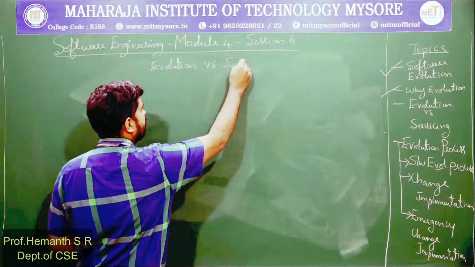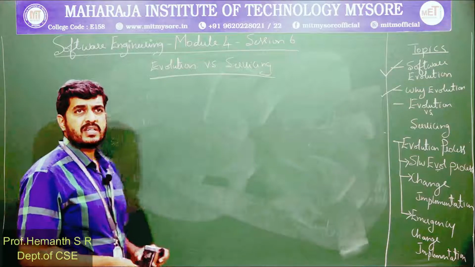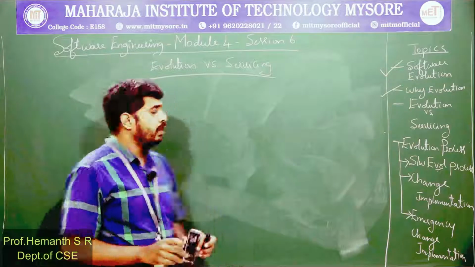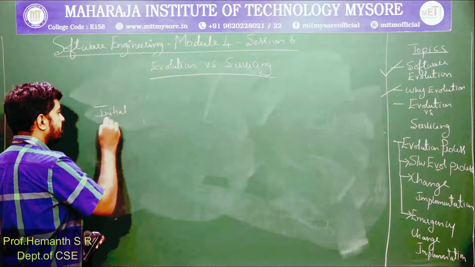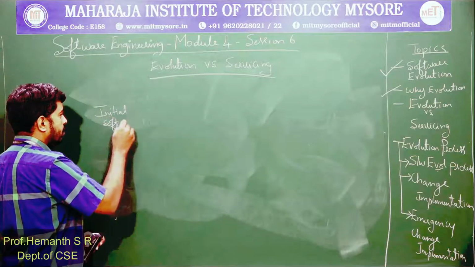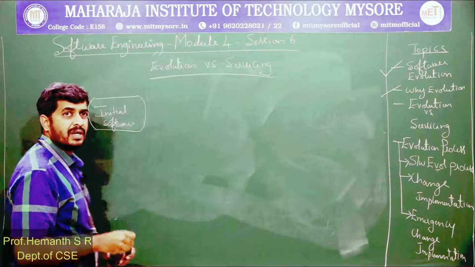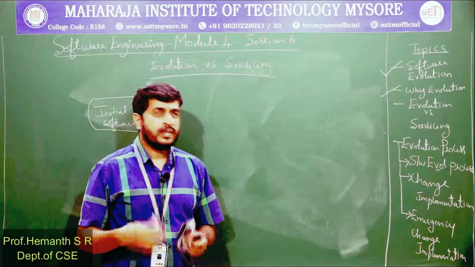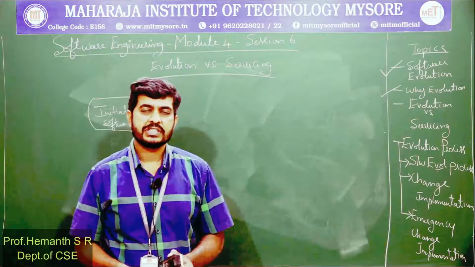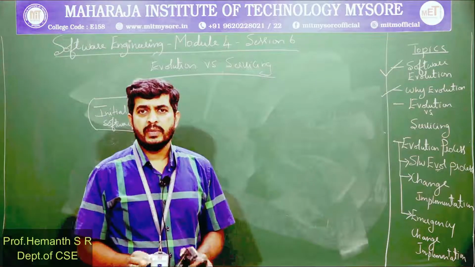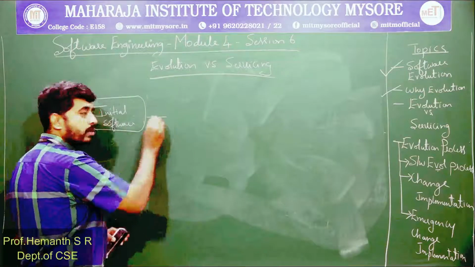Software evolution versus servicing. So we'll try to understand this through a block diagram. Now, initial software was given to the client. Because of the new requirement or because of the reasons that were listed in the previous discussion, there may be a need for a change.